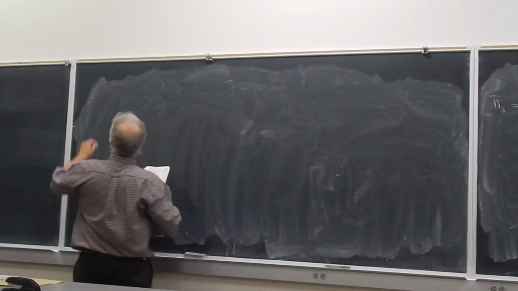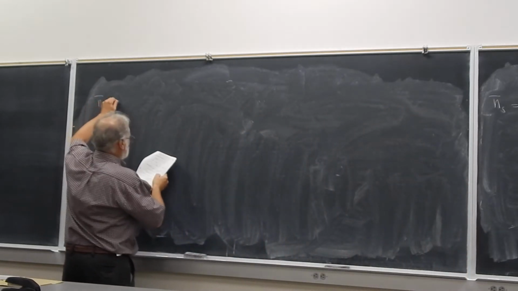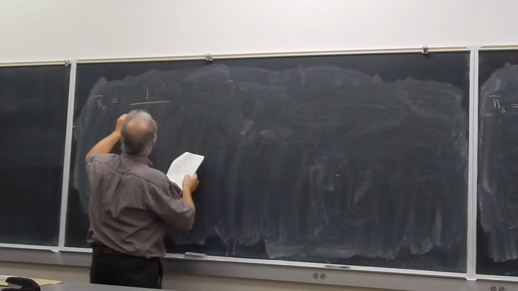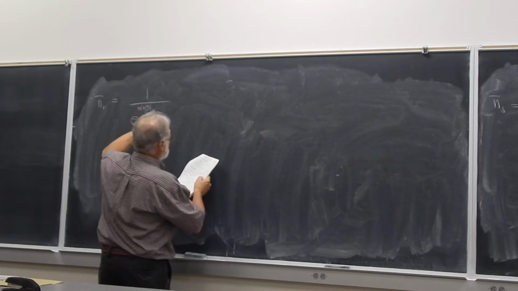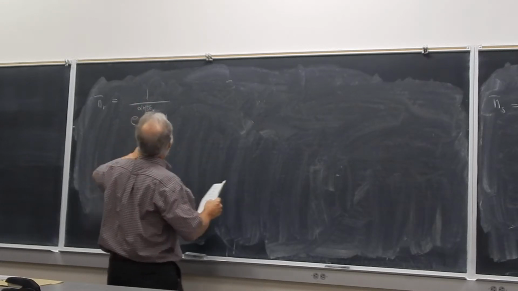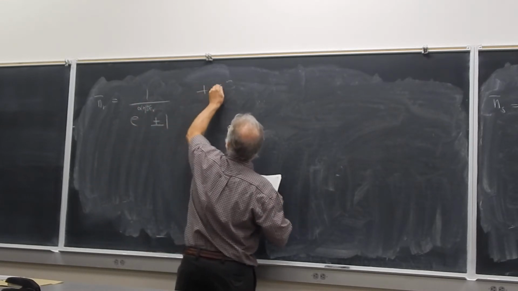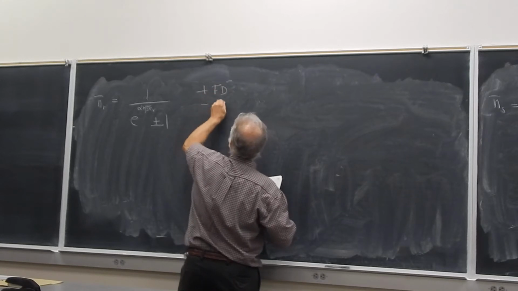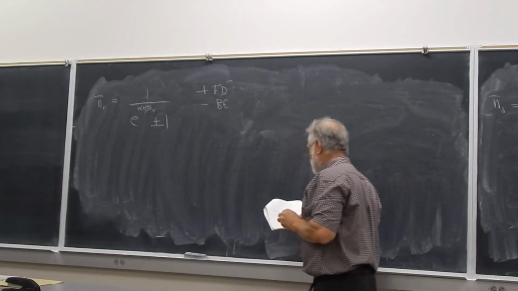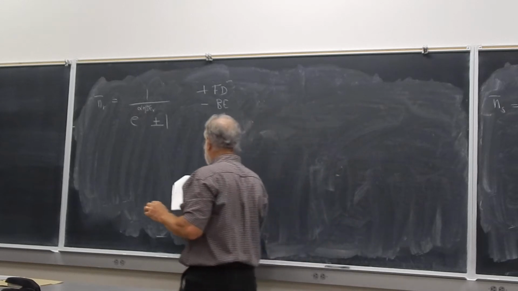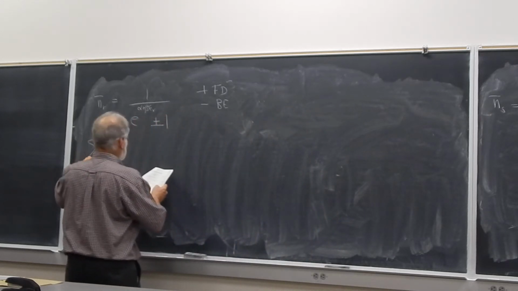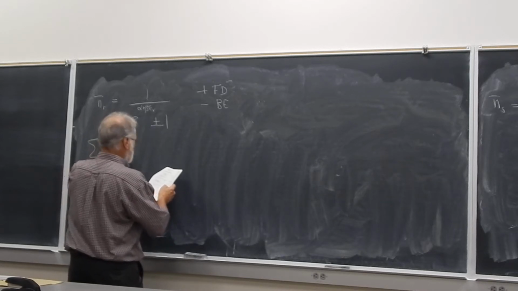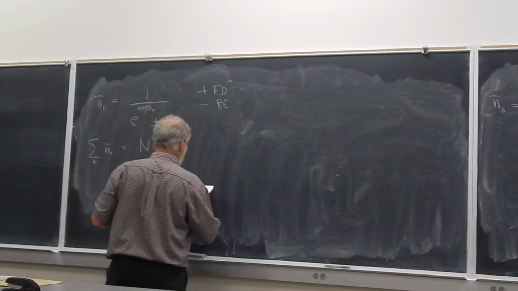Let's see. Classical limit: n sub r is equal to 1 over e to the alpha plus beta e sub r plus or minus 1, where plus, of course, indicates Fermi-Dirac, and minus indicates Bose-Einstein. If the number of particles is fixed, that means that if I sum over r of n sub r, that's going to be equal to N, of course.